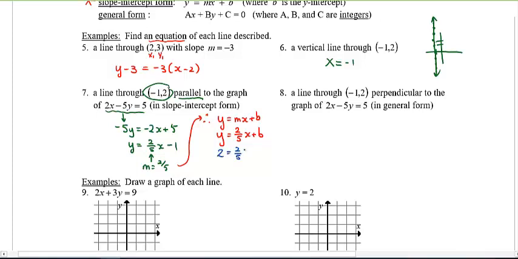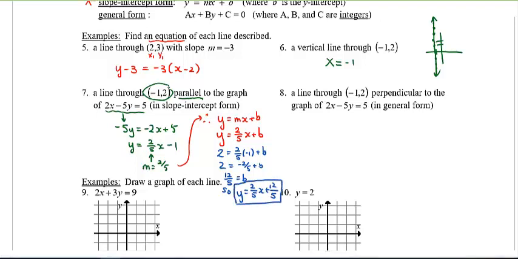Plug it in. And just do some quick algebra here. We'll find out that b is equal to 2 and 2/5. If I wanted to rewrite that as an improper fraction, that's 12 over 5. So y equals 2/5 x plus 12 over 5. Did you get that? I hope so, because that's the right answer.